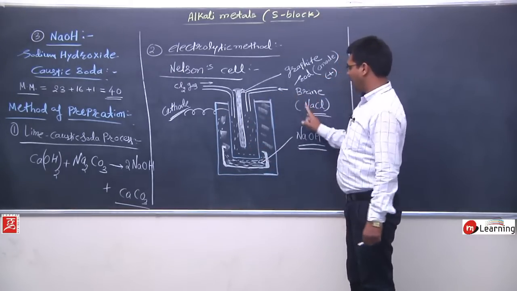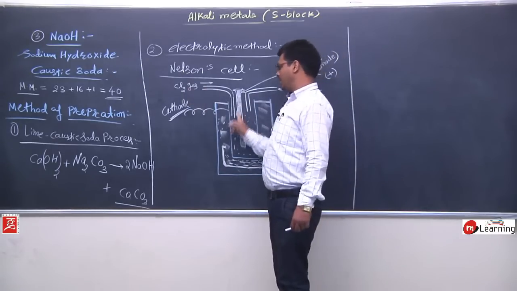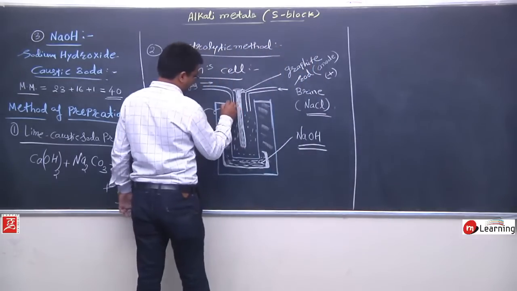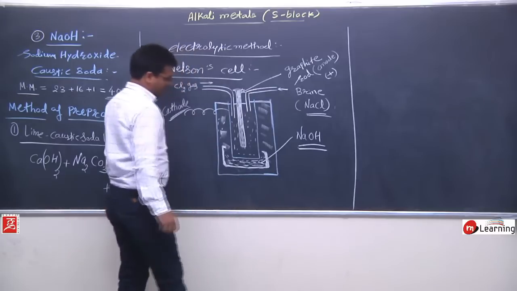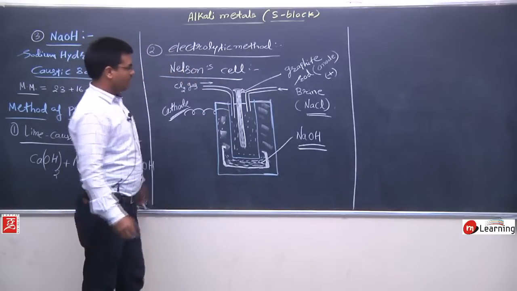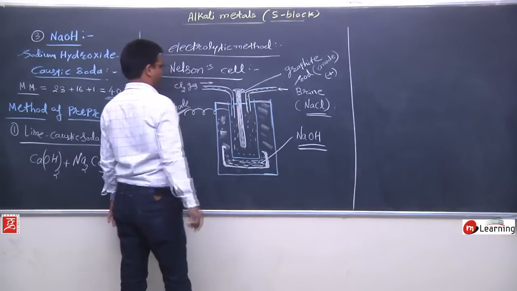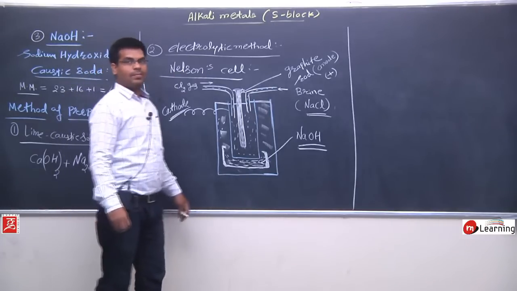Second is brine; brine means sodium chloride. And at the cathode point, chlorine gas. Remember the different divisions of the cell, brine and chlorine gas. The Nelson cell is also used in electrolytic refining.